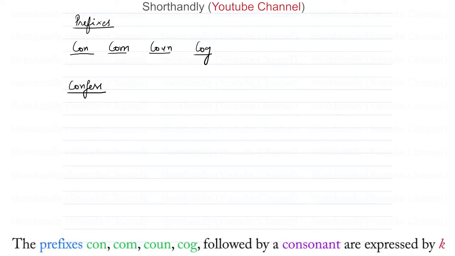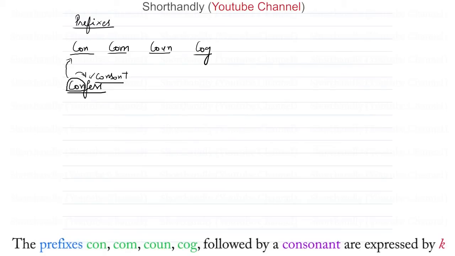First we have this con, which is a prefix, and after that we have this f, which is a consonant. So it's saying that the prefixes con, com, coun, cog followed by a consonant are expressed by k.